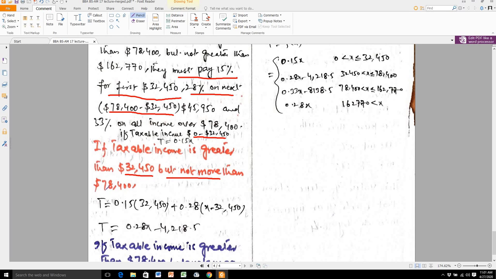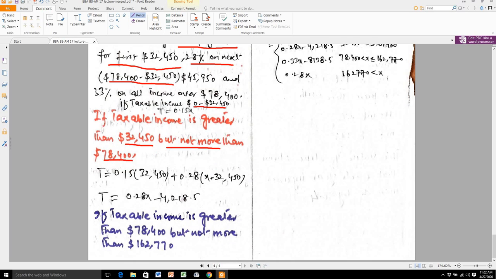We do not know the difference, so we write it as x minus 32,450. So we write 0.28 times (x minus 32,450). When you simplify this, you get T equals 0.28x minus 4,218.5. Hopefully you understand this.